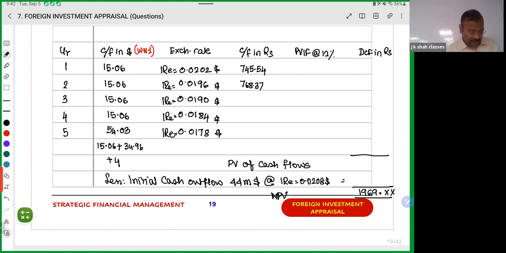Sorry, 15.06 divided by 0.0190, 792.63. 15.06 divided by 0.0184 is 818.48.